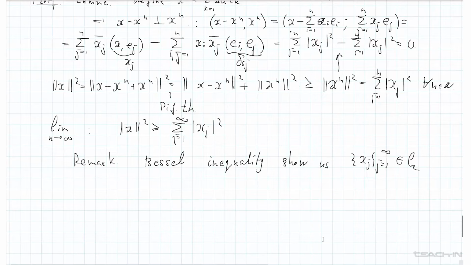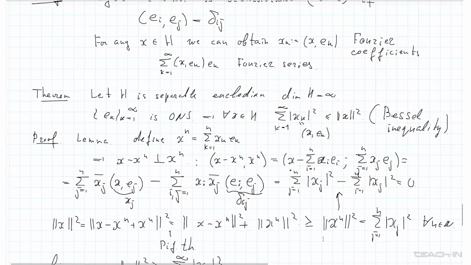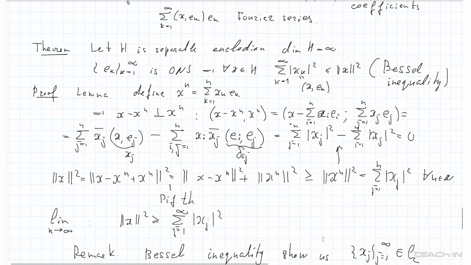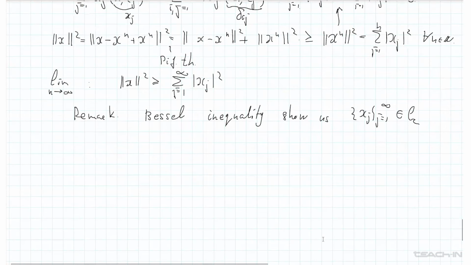Some inverse version of the Bessel inequality, but we need a Hilbert space. I think it is the Riesz, or inverse of letters. Riesz, yes, it's correct.